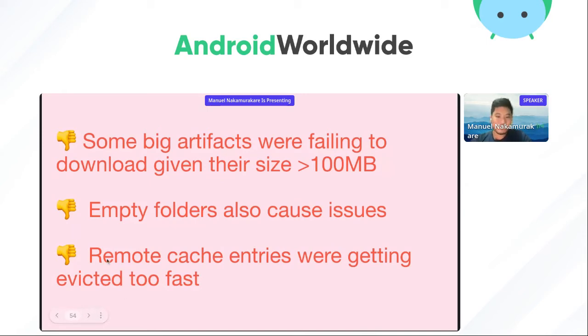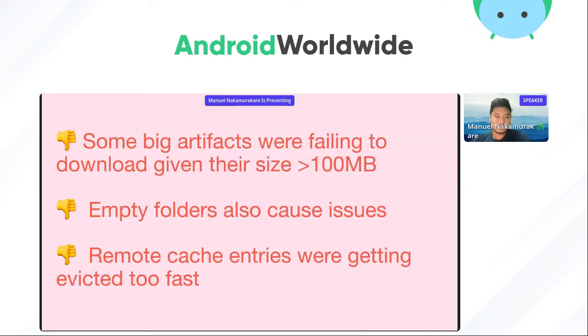Another issue that we had was that remote cache entries were getting evicted too fast. This happened because of two things. One was that we had enabled remote cache writes for every CI task, and we have a lot of CI pipelines. The second factor was that we had some tasks that were storing big artifacts.